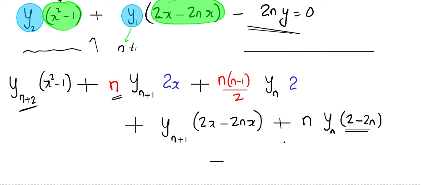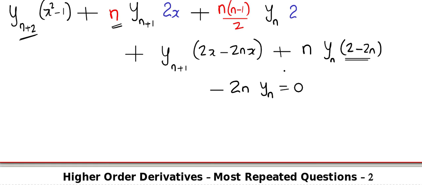So we conclude this by 2n into yn is equal to 0, because 2n is a constant, and when you differentiate this again and again, we get y1, y2, y3, etc. up to yn.